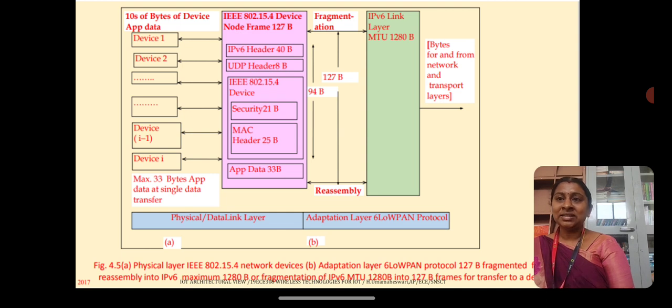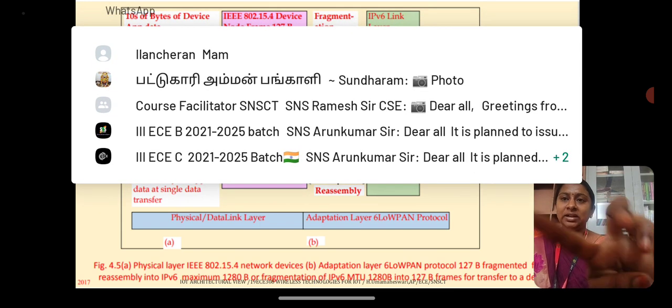Then a maximum of 10s of bytes of data is started at the source end, and a maximum of 33 bytes of data in a single data transfer is used at the receiver end. Then the IEEE 802.15.4 device node frame consists of 127 bytes.